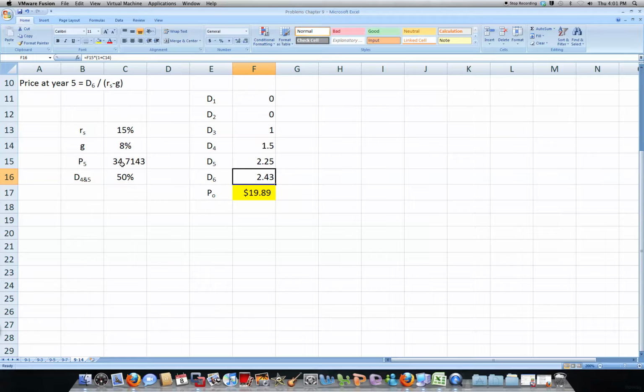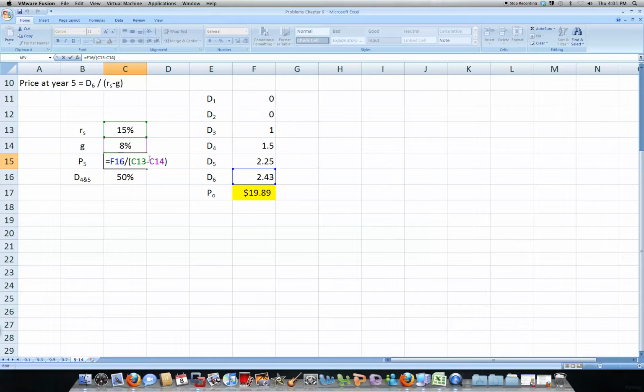So here we can find our price at year 5 equals our dividend at year 6 divided by RS, C13, minus C14, which is 8%. So we can find our price at year 5 of 34.7143.